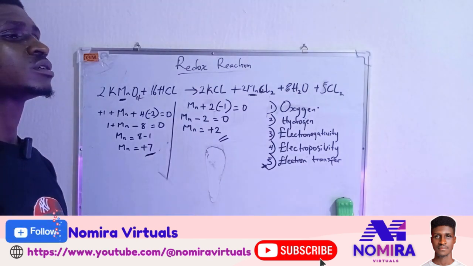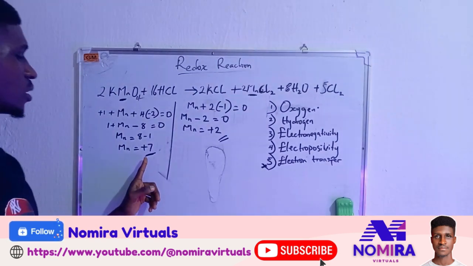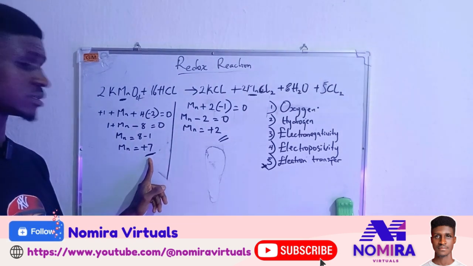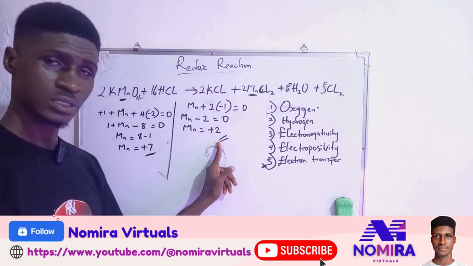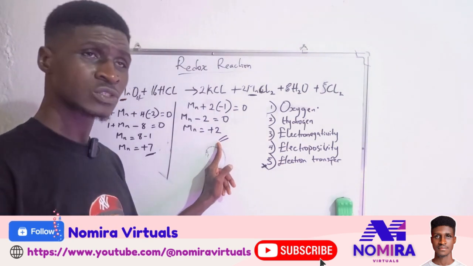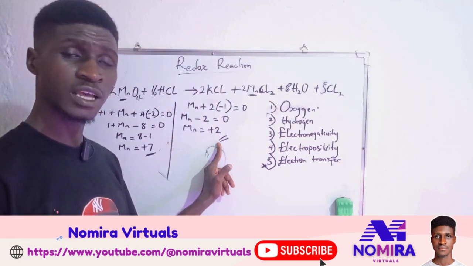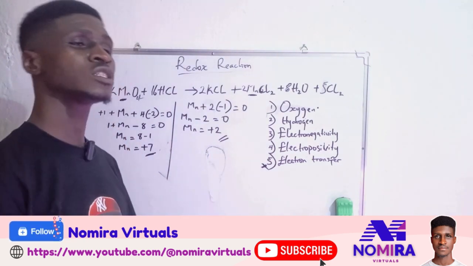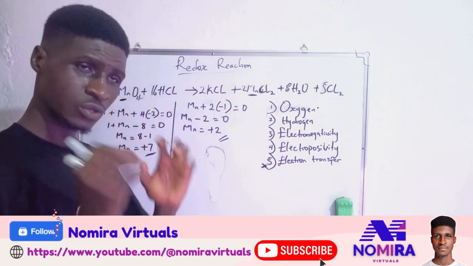What actually happened here is that fewer electrons are here and more electrons are here. The more you add electrons to an electropositive element, the more you reduce the oxidation state. That is the concept of reduction there.